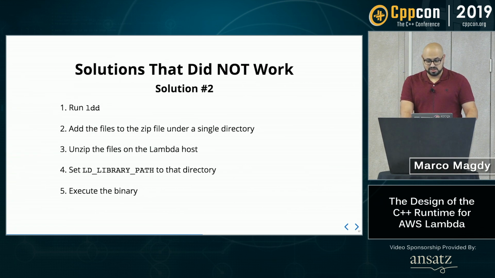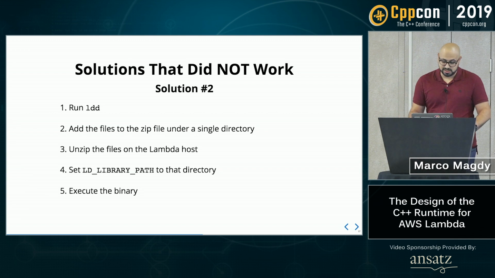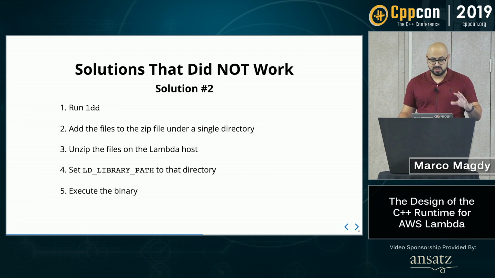The next solution is, okay, let's just forget about the R path and use LD library paths. So we run LDD, we add the files to the zip, but we put them flat under one directory, and then we set LD library path to that directory and execute the binary. In this solution, we don't have to maintain the paths of the dependencies in the zip directory.